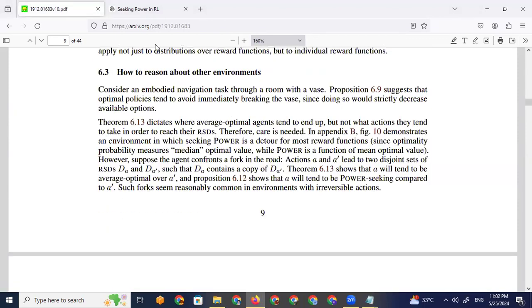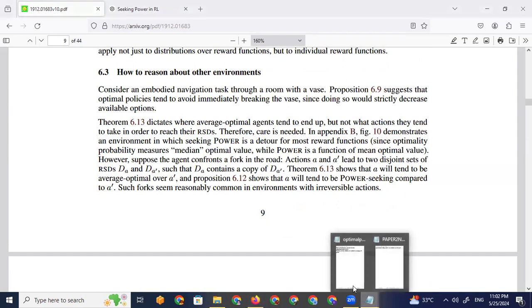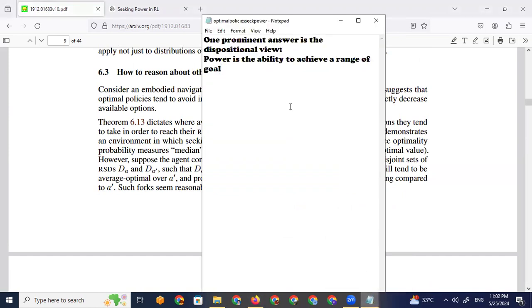So based on these processes, we could say, we'll write it in this notebook. I'll write it.